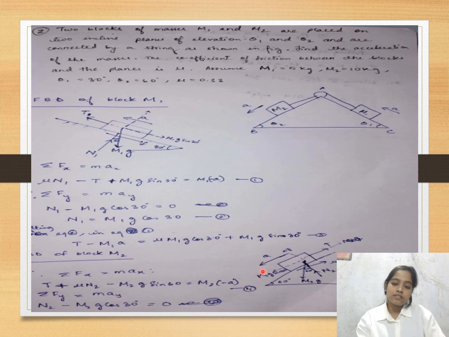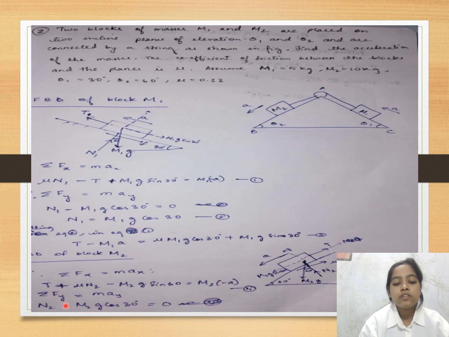Acceleration is on this side, and we also have the tension. Taking the x components first, the summation of Fx equals m a: T is positive, plus nu n2, the frictional force, and minus m2 g sin 60, equal to m2 into minus a, as acceleration will always be minus for this question.